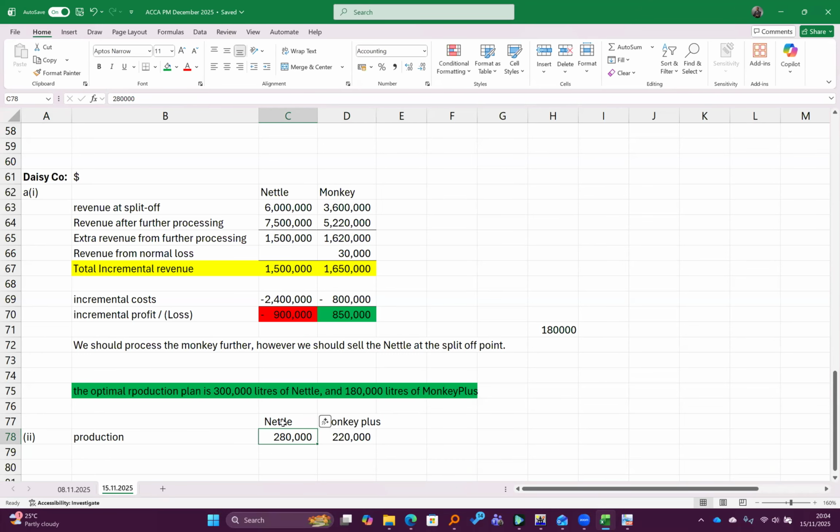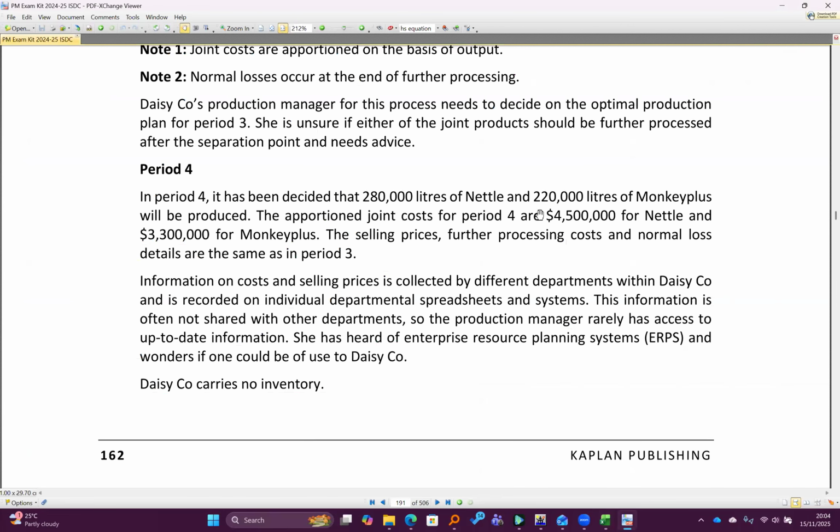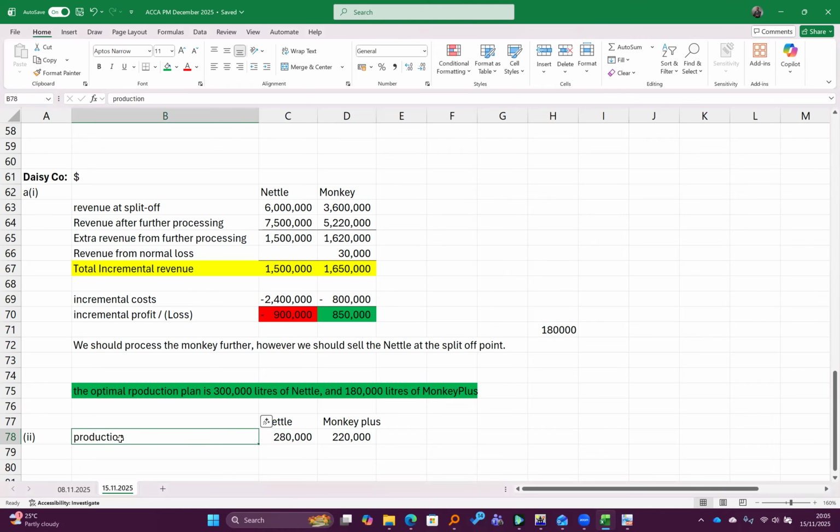So they will be produced. So this is what will be produced.